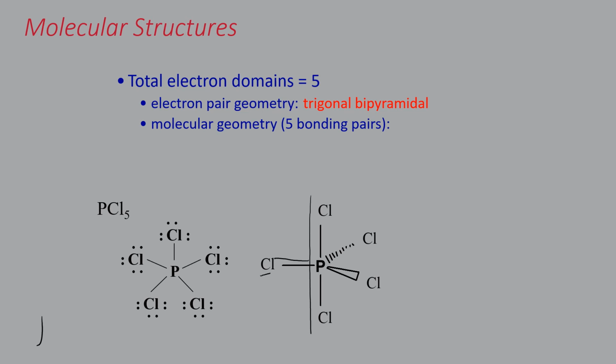And these 3 chlorines and the phosphorus are also all coplanar, and that plane would be parallel to the floor. So again, because there aren't any unshared electron pairs, this molecular shape is also a trigonal bipyramidal shape.